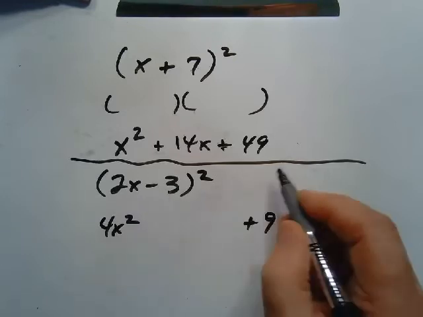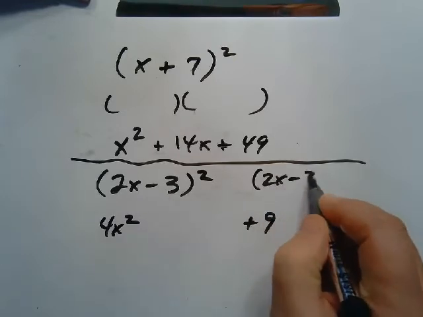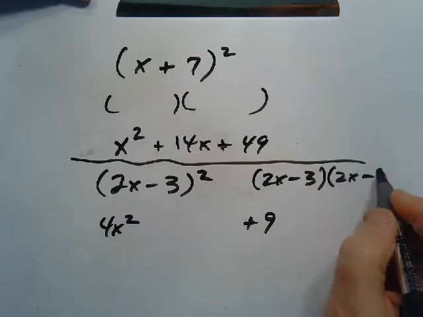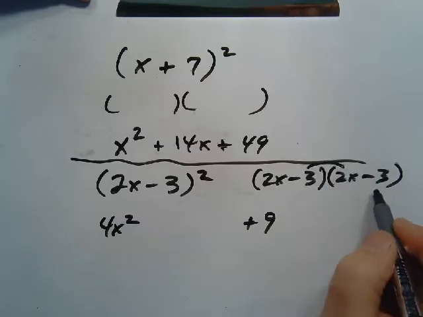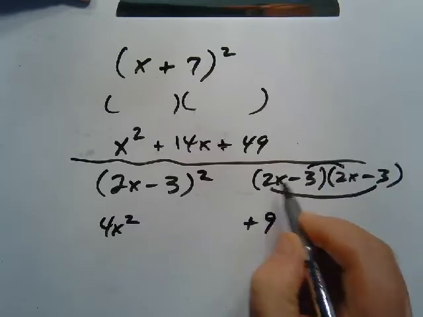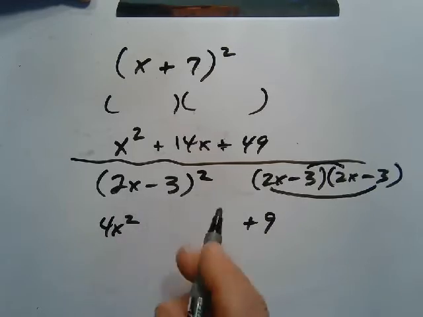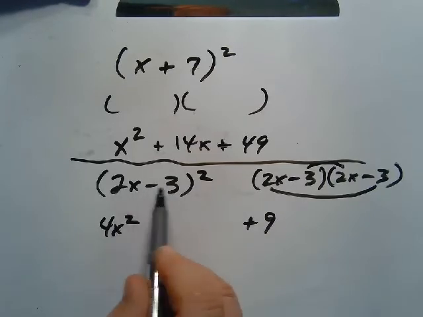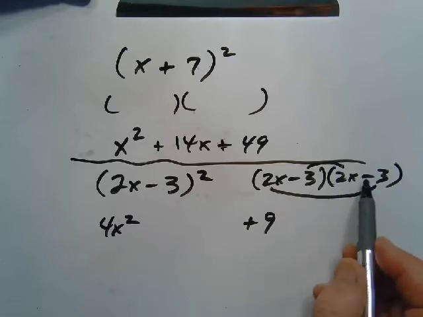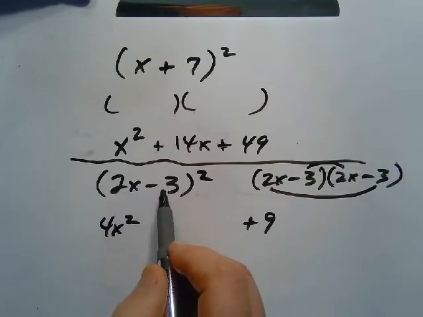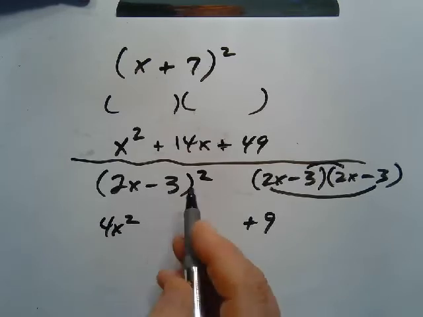Now why are we multiplying those together again? It's because 2x times a negative 3 can be done this way, or we could just take the shortcut way and multiply those two together. We're really not multiplying these two together, but we can see that it's the same numbers we'd be multiplying together. So 2x times a negative 3 is a negative 6x, doubled, negative 12x.